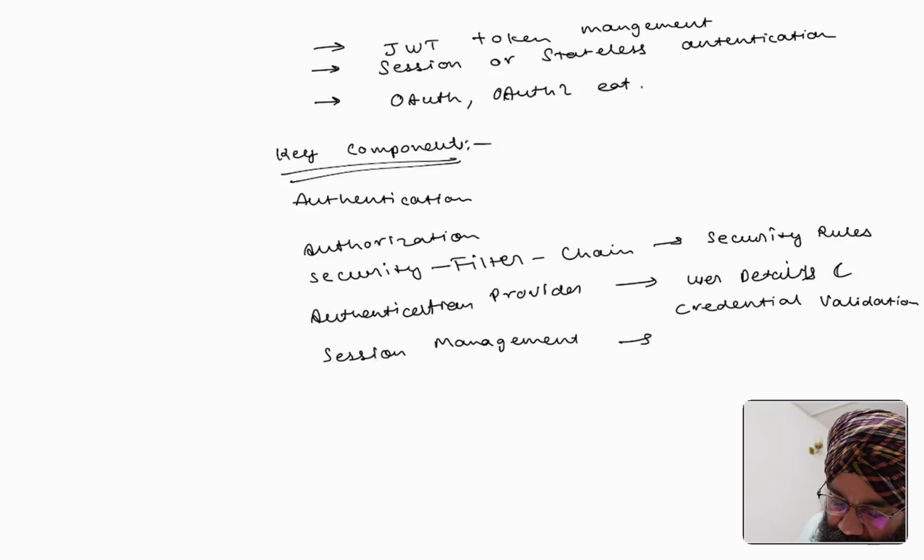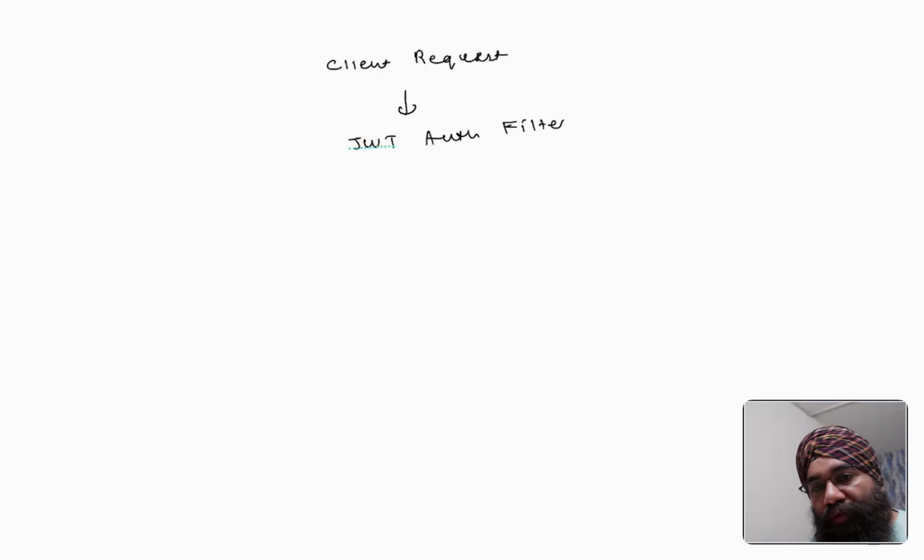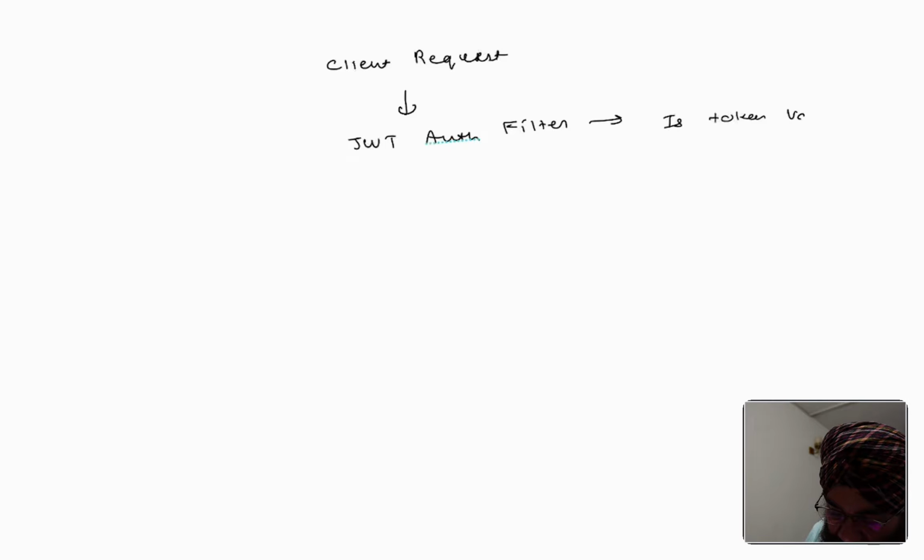So when a client request comes, first of all, we do authentication using the JWT auth filter. We will see JWT in more detail, but right now you can understand there is an authentication token. We check whether the token is valid or not. If it is valid, then we go to the authentication.